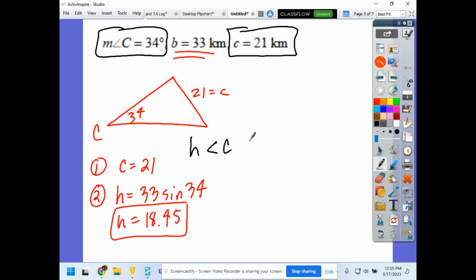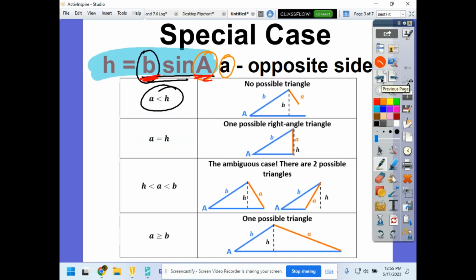So the opposite side is less than the second side. Where does this fall? This falls on the ambiguous case, and there are two possible triangles in this problem.